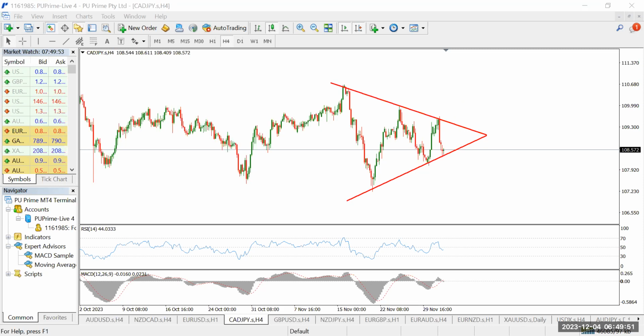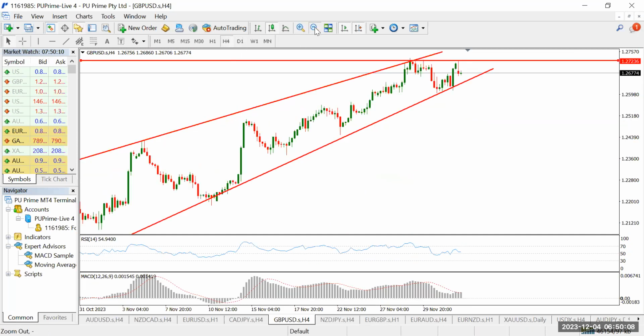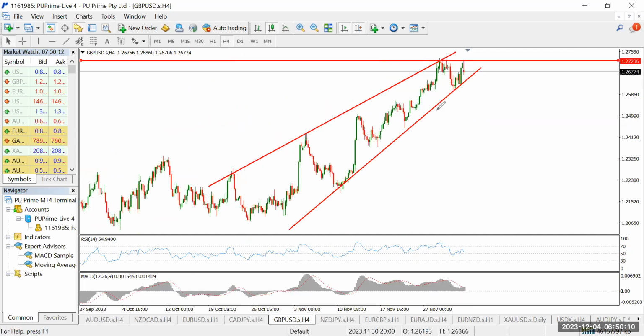The next instrument I want to look at is the GBP USD. Now, this is GBP USD. If we go to the daily time frame, we can see that price hit a resistance level recently. And on 4-hour, we also have a rising wedge. Not only that, we're seeing a pattern that is looking close to a double top also, and all should lead to a bearish breakout.